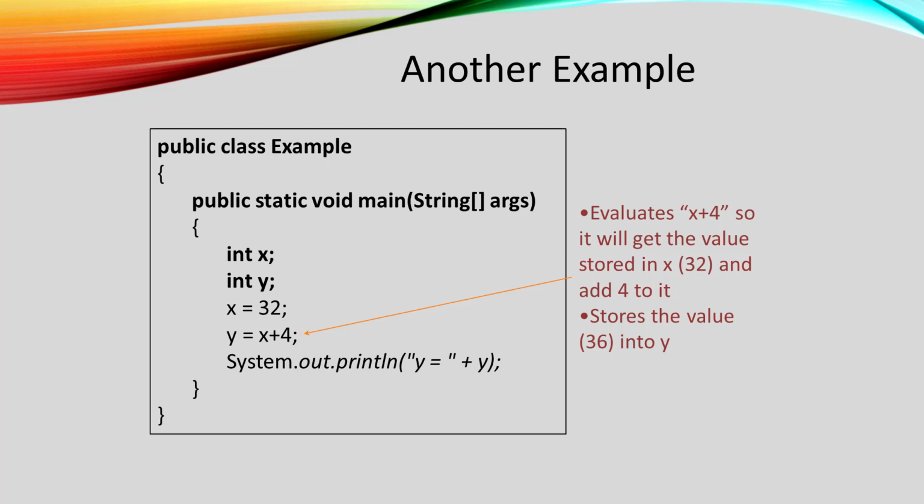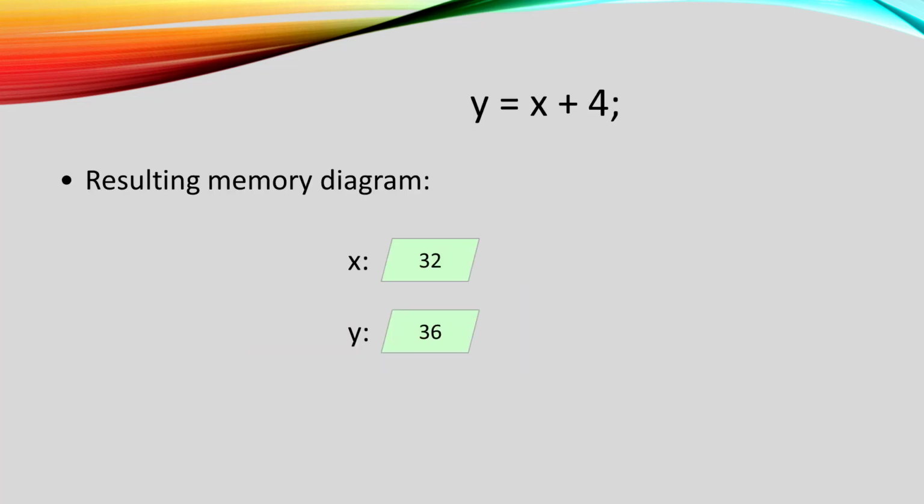It stores that value into the variable y that is on the left-hand side of the assignment statement. When we execute this assignment statement, we store the 36 into y. Note that the computer doesn't remember any relationship between x and y. It just stores the 36 into y and forgets that it got that by adding 4 to x.